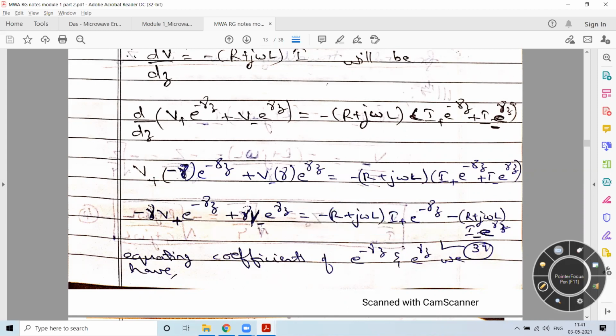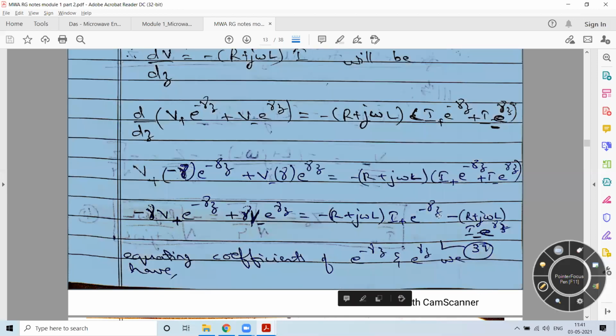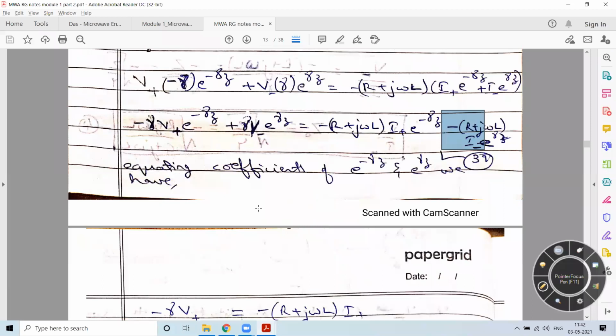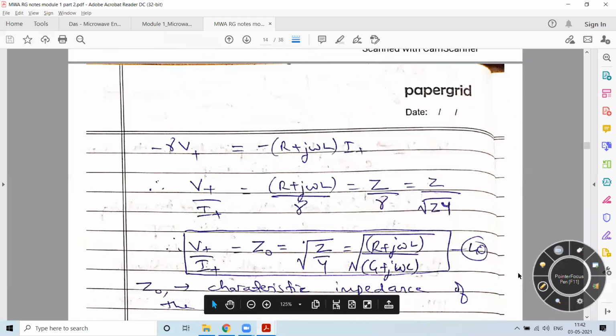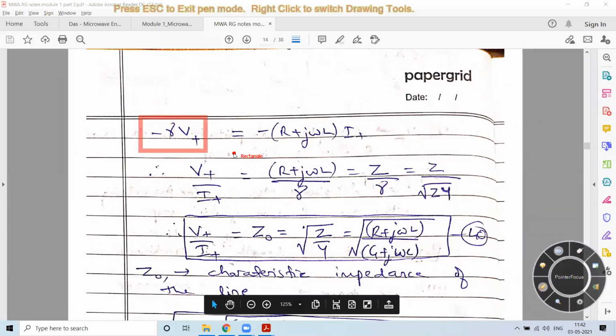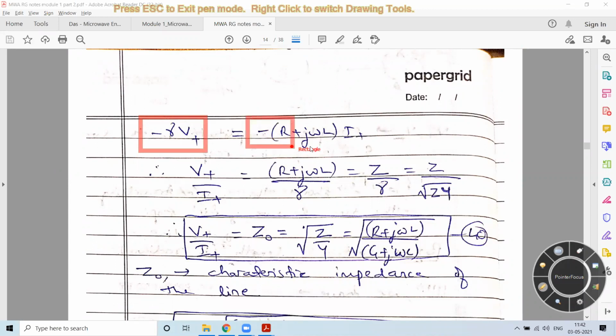Similarly, gamma into V minus will be equal to, since we have plus over here, it should be plus, so gamma V minus will be equal to minus of R plus j omega L into I minus. So when I equate the coefficients on the right and left hand sides, we end up with minus gamma V plus is equal to minus of R plus j omega L into I plus.